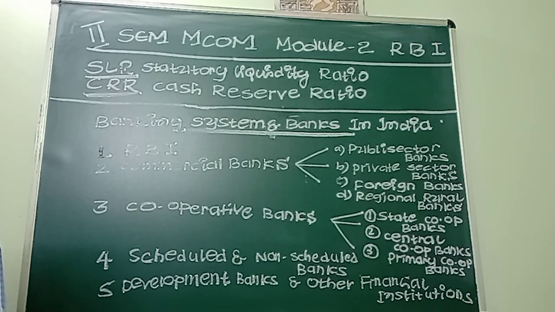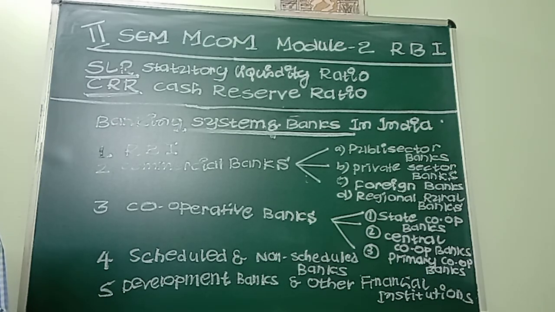In the monetary system, SLR is that percentage of net demand and time liabilities, which we abbreviate as NDTL. In other words, bank deposits that must be used to buy the specified assets.